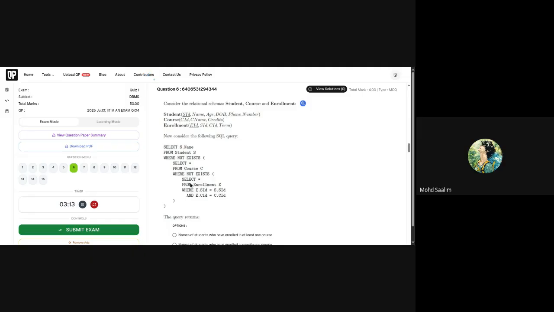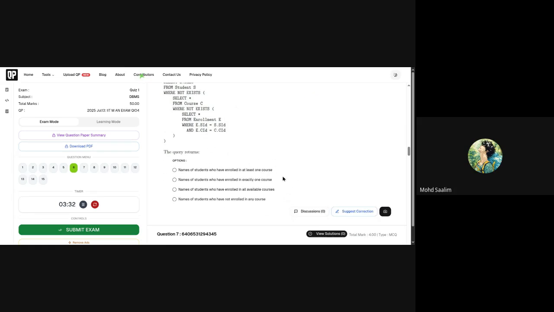Yes. And the inner collection will only be empty when these two conditions are false. And what is the meaning of these two conditions being false? No enrollment of a student in any course.